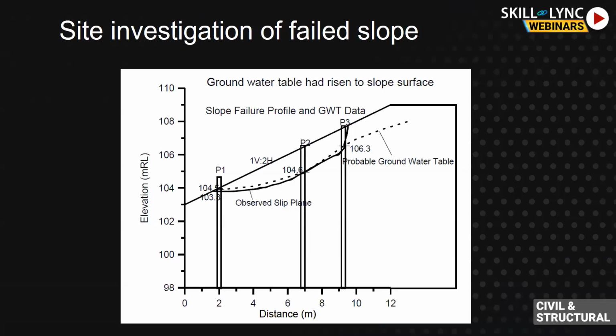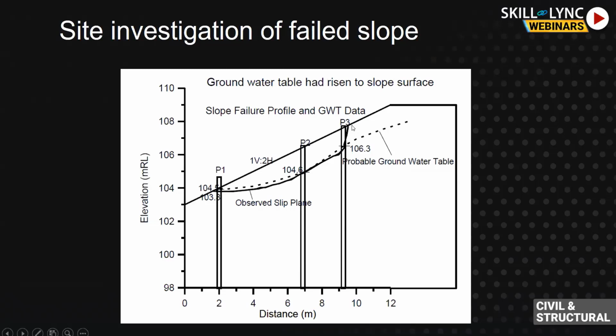So three water standpipes were installed at the locations you see: P1, which is closer to the toe, P2, which is at the middle of the face of the slope, and P3, which is closer to the crest of the slope. From the water standpipe data, a probable groundwater table was identified, the dashed black line, which I'm showing with my cursor.